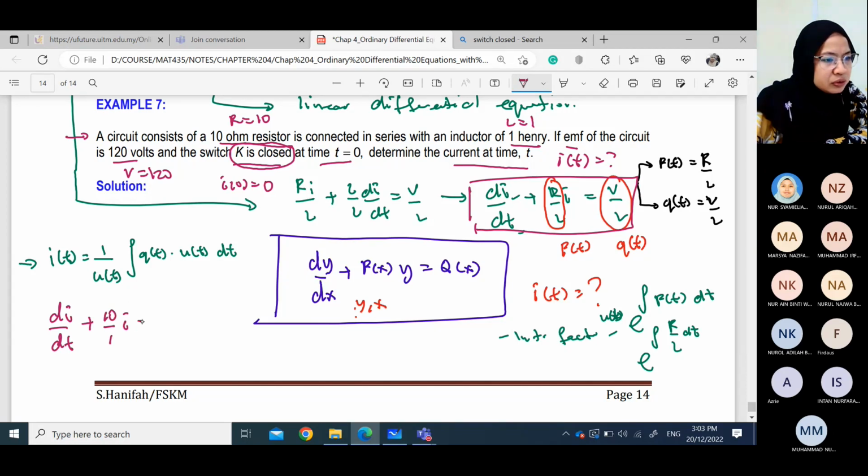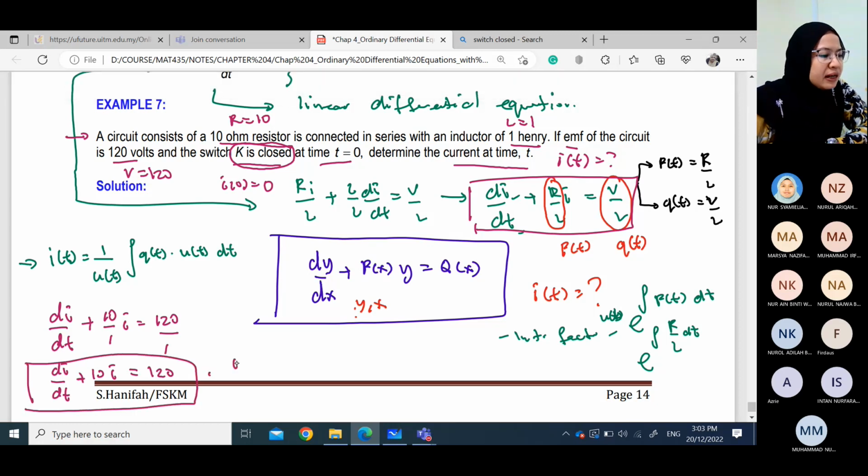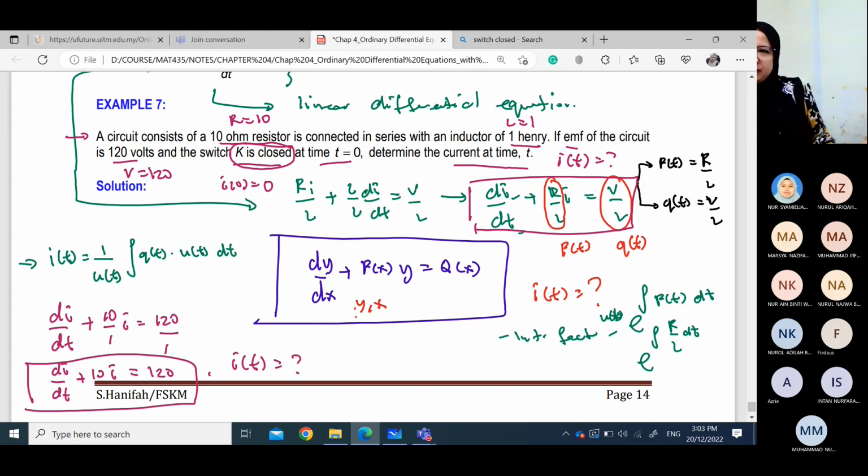And I equal to V over L. So V here is 120 over 1. Okay, so based on this, we identified that the equation here is di dt plus 10I equal to 120. Okay, so based on this equation, we need to find current at any time t.